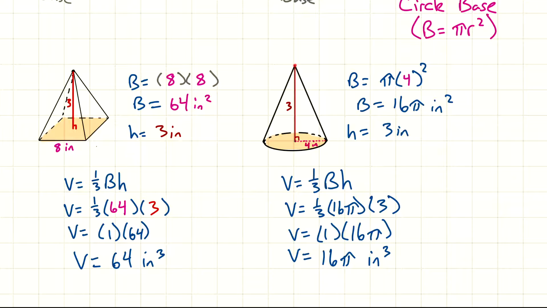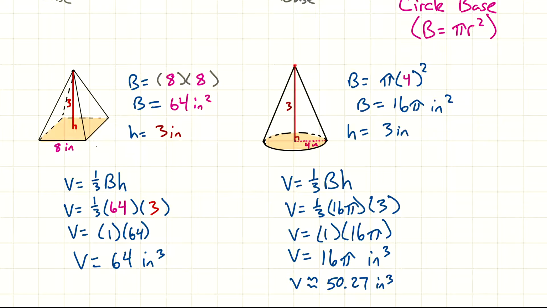All right, so that's approximately volume equal, let me do squiggly lines, approximately equal to 50.27 inches cubed. All right, so definitely there's a difference there. The cone had less volume than that pyramid.